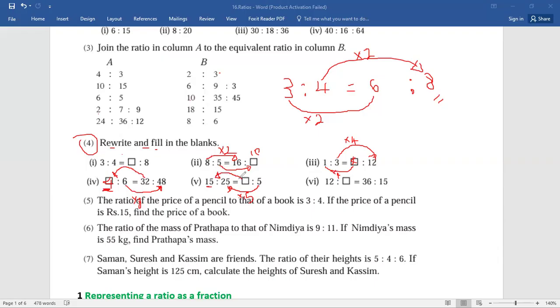What should be the number in the blank space? Tell me. Anyone? 3. Yes, 3. It should be 3. Then 5 times 3, 15, right?